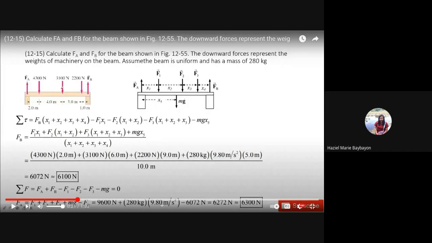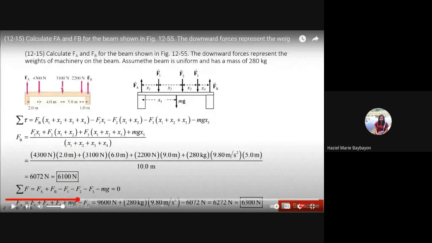So you will have another term here: the mass, 250 kilograms, multiplied by 9.8 meters per second squared, multiplied by the distance, which is in the middle, that means 5 meters.